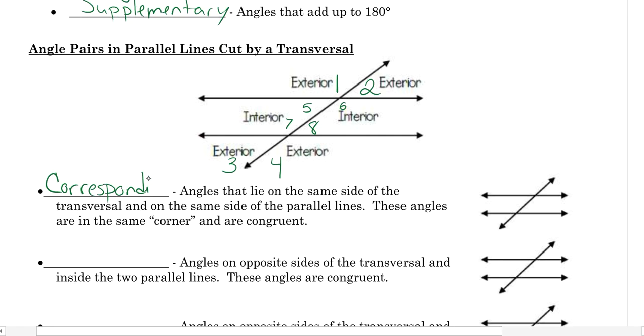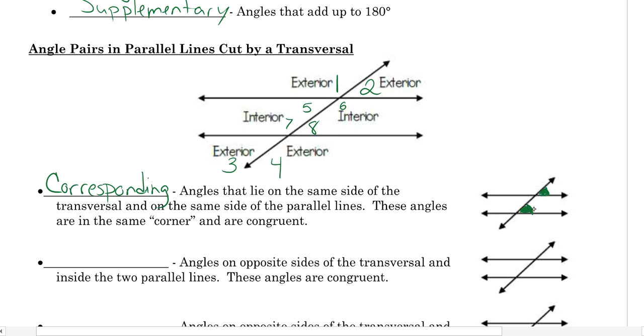And how we locate corresponding angles: if I were to choose this angle right here, that exterior angle above the parallel lines, if I were to translate that angle down to the next parallel line, it would be right there.